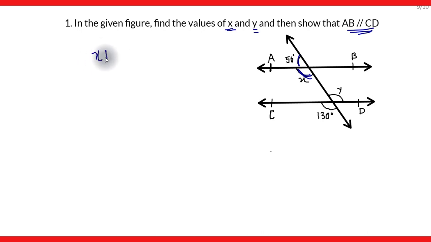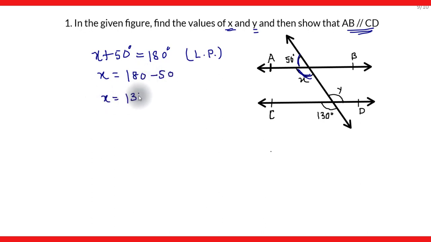So x plus 50 is equal to 180 degrees. The reason is that it is a linear pair. Now take 50 to the other side and you will get x is equal to 180 minus 50, and therefore x is equal to 130 degrees. Highlight this, the first important step, because we have got the value of x.